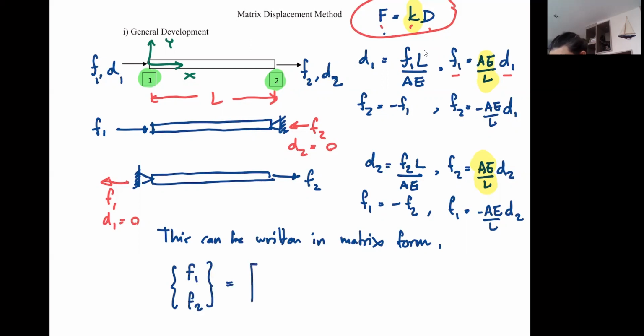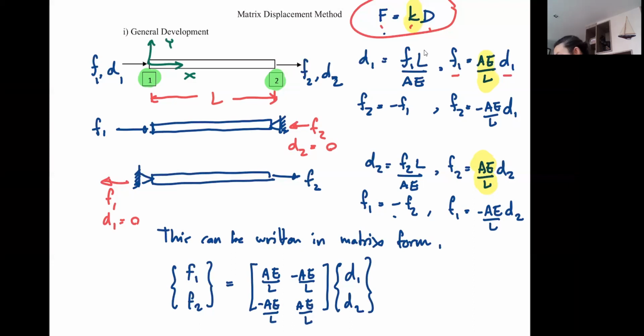And then we're going to have the F1 is equal to AE over L multiplied by D1. Okay. And then F2 is also equal to minus AE over L multiplied by D1. The next one is this one, right? So it's minus AE over L D2, and then F2 is AE over L D2. So that becomes a matrix form.